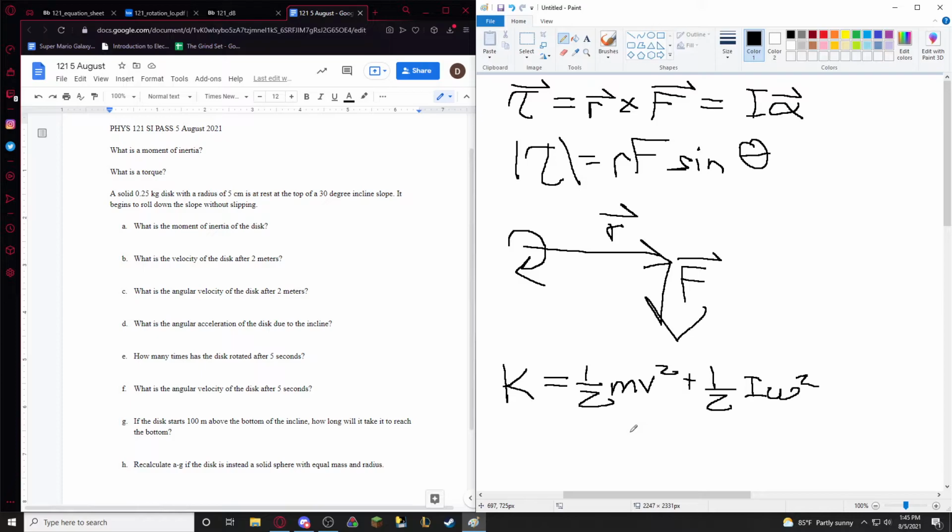Now, how do we relate the velocity of something that's rolling without slipping to its angular velocity? How do we relate velocity and angular velocity?